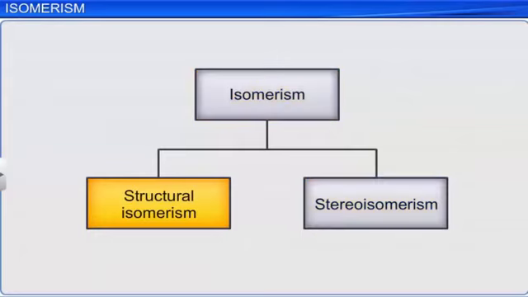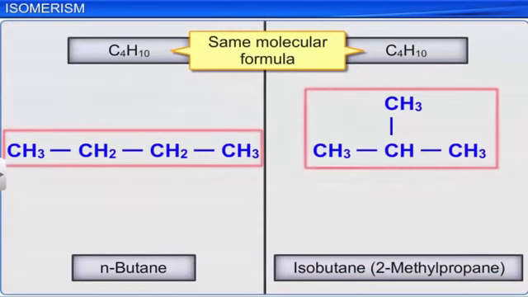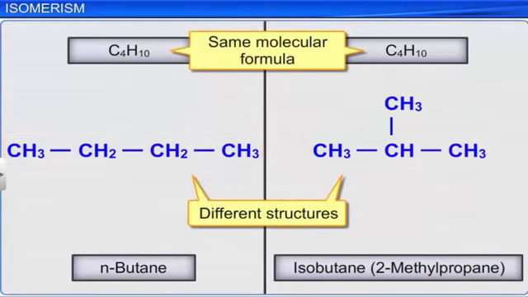The compounds that have the same molecular formula but different structures are known as structural isomers, and the phenomenon is known as structural isomerism. For example, in n-butane and isobutane, the molecular formula is same but their structures are different. Thus, they are structural isomers.